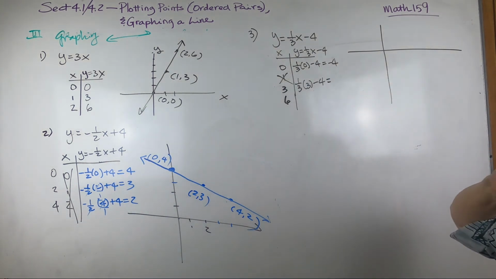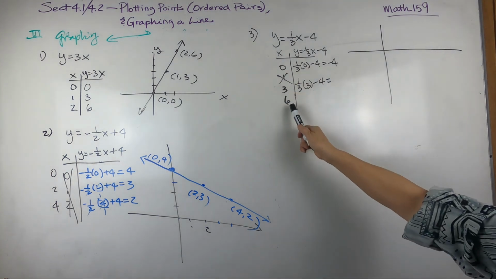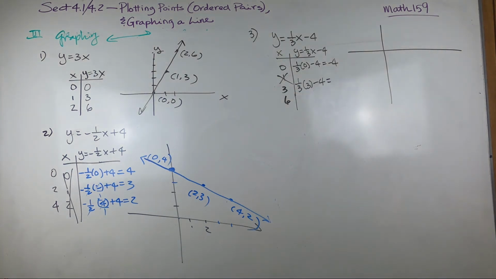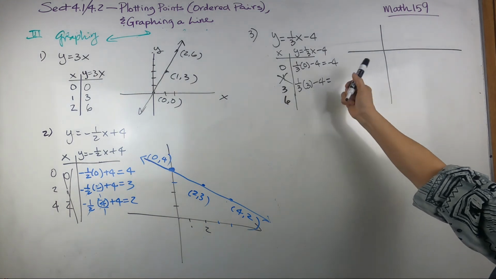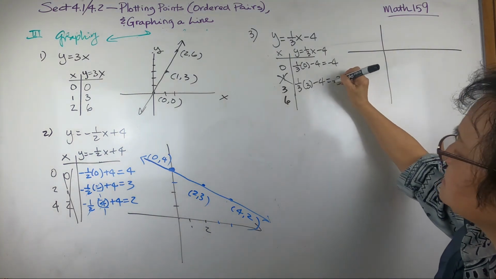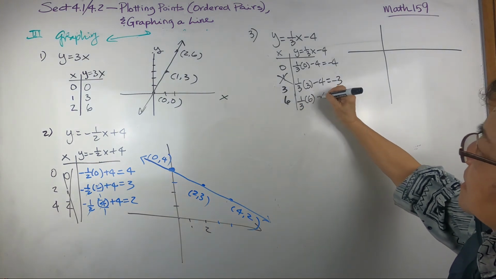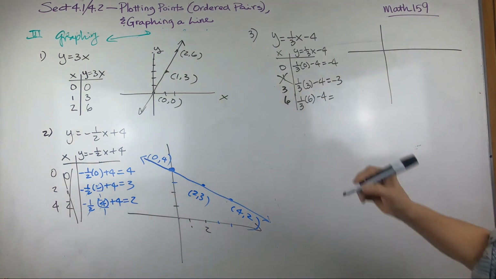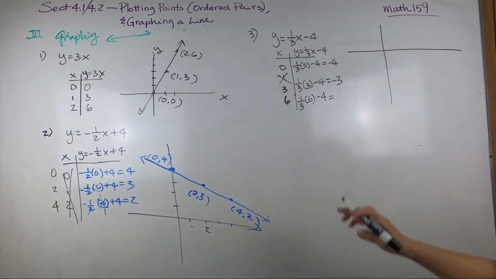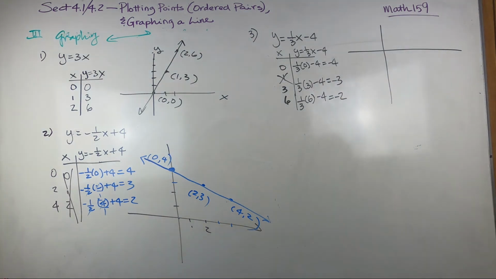You can use a calculator to get the number as well. But you need to have good numbers for x. So 1 minus 4 is negative 3. So for 6, it would be 1/3 times 6 minus 4. 1/3 times 6 is what? 2. Right, minus 4, negative 2.